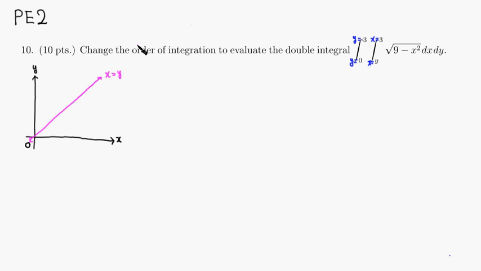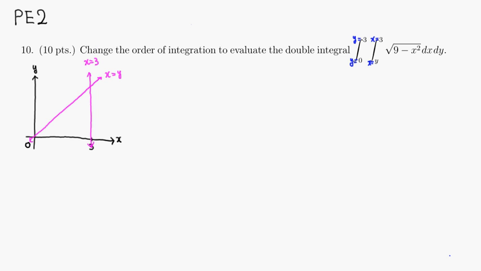Then x equals 3. So 3 is going to be somewhere around here, and x equals 3 is this vertical line at 3. Then y goes from 0 to 3.